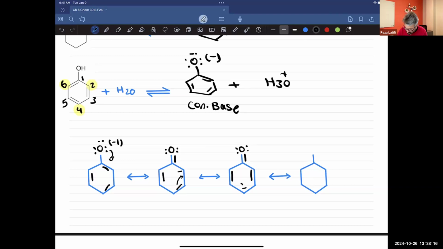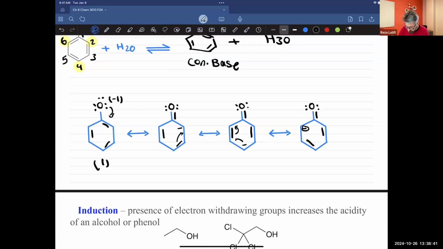Let's move the negative charge here, and if I use that negative charge to make a double bond, then I will get this. So I got a double bond here, and the negative charge will go there. So I got 1, 2, 3, and 4 resonance structures.